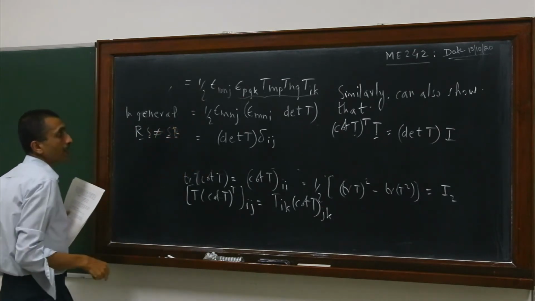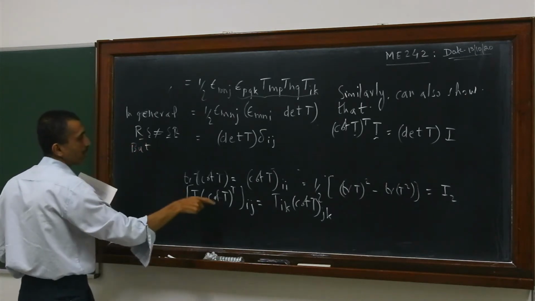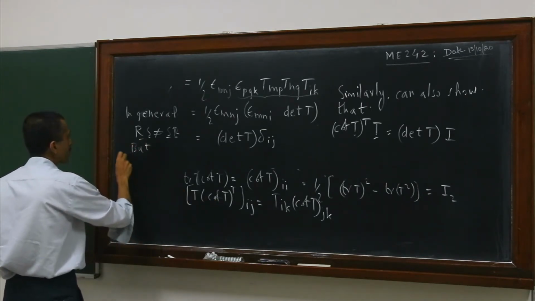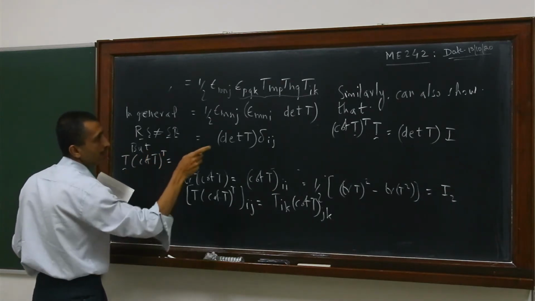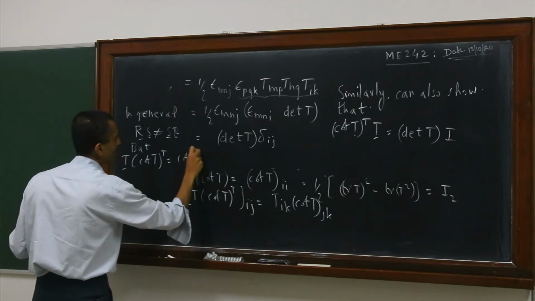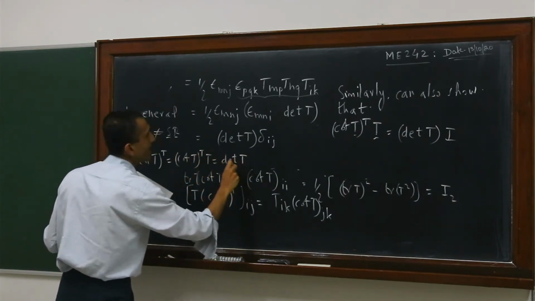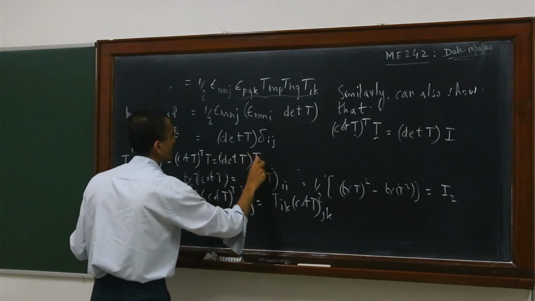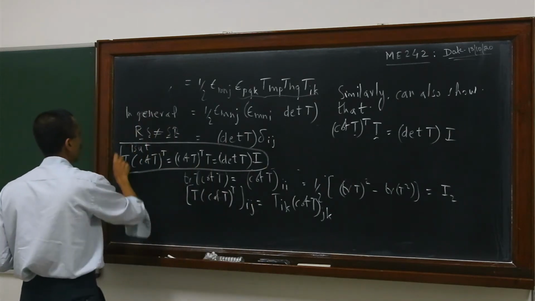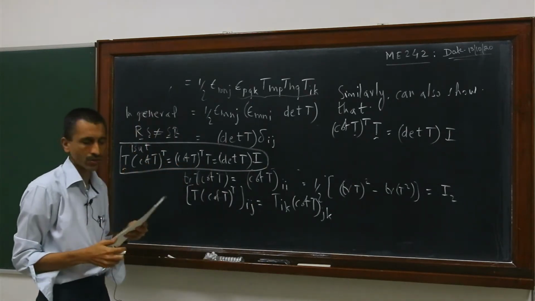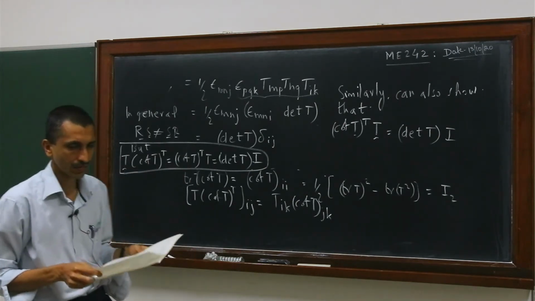But in this particular case, it turns out that T times cofactor T transpose is equal to cofactor T transpose times T is equal to determinant of T times the identity. So in this case it doesn't follow the general rule.